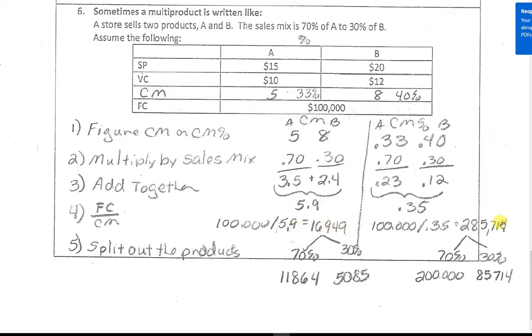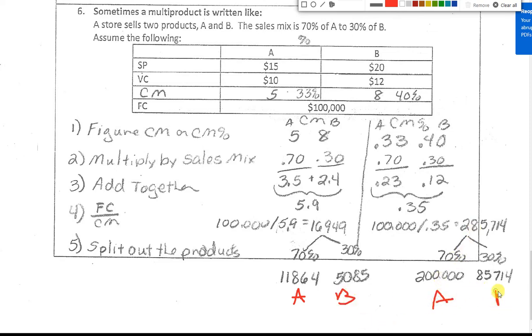So if this is my bundles revenue, or this is my bundles unit, 70% of my bundle is made up of A, so 70% of the 16,949 units is A, which is 11,864, if I've done my math right. And 30% is for B, so 5,085. So this one is A, and this one is B, okay? And again, of my revenues, A is this one, and B is this one.